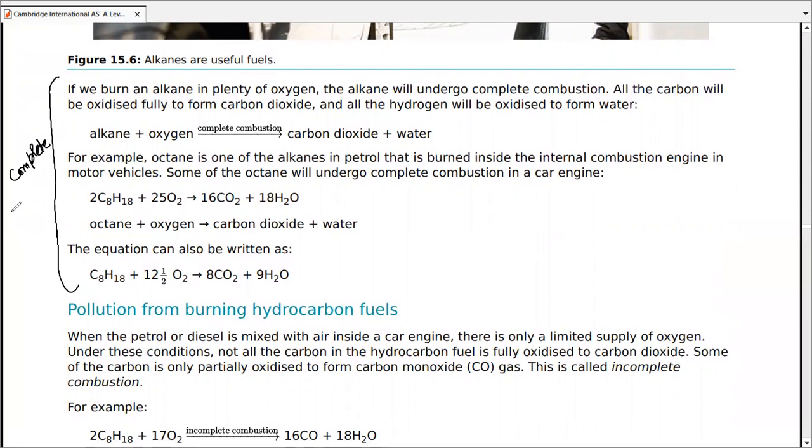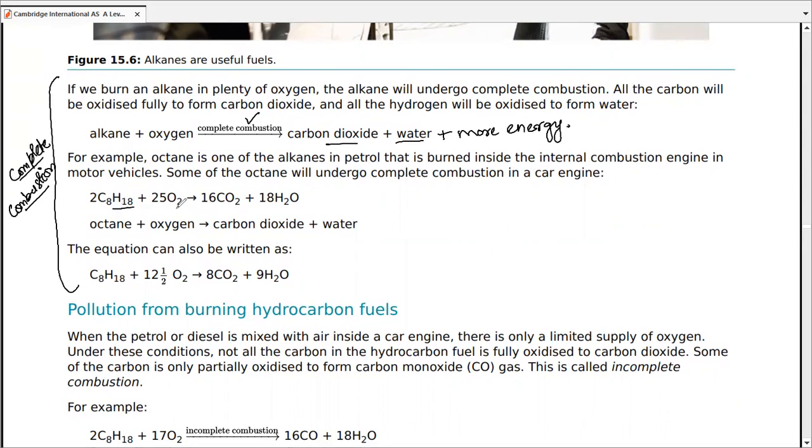Back in IGCSE, we discussed that you can produce carbon dioxide and water from this combustion. If that happens, it is considered complete combustion. This means it gives you more energy in the form of heat; it's a more exothermic reaction.